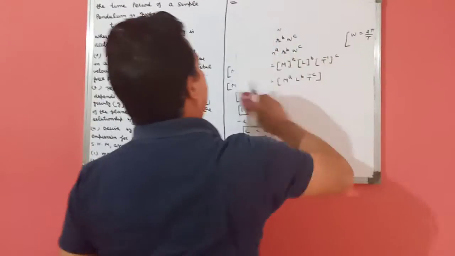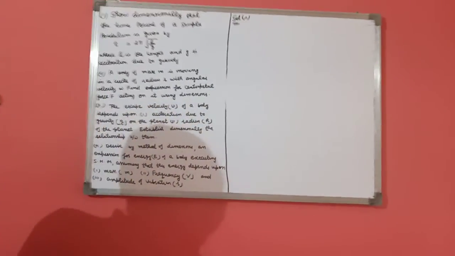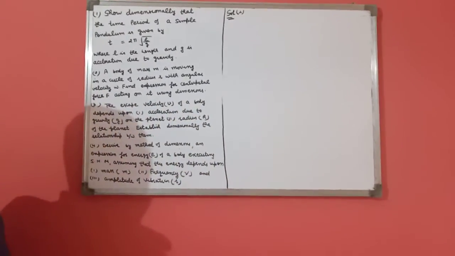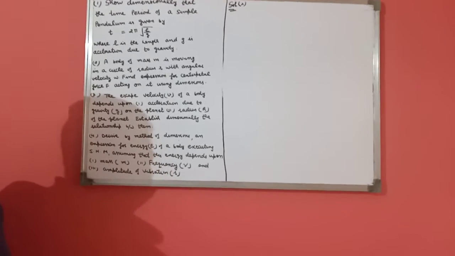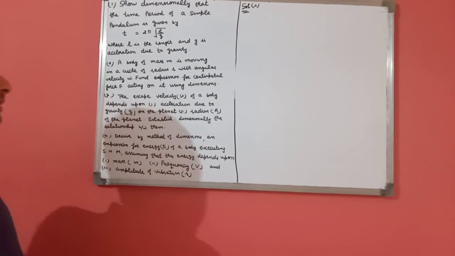In the third question, the statement is: the escape velocity of a body depends on first the acceleration due to gravity g and second the radius r.